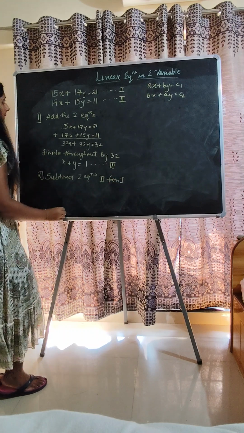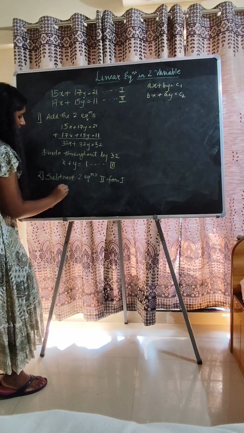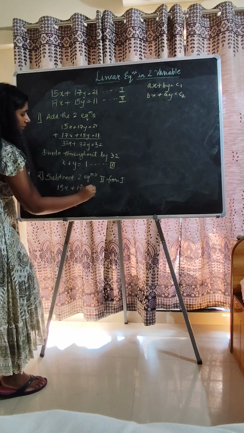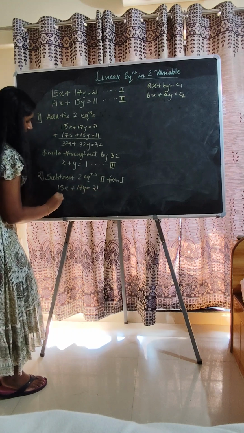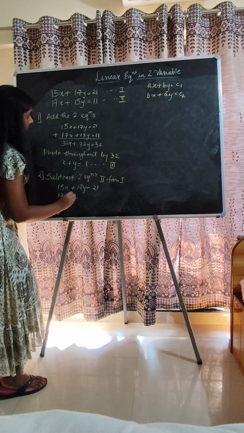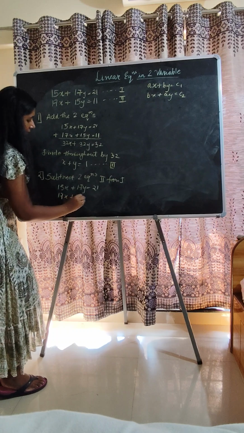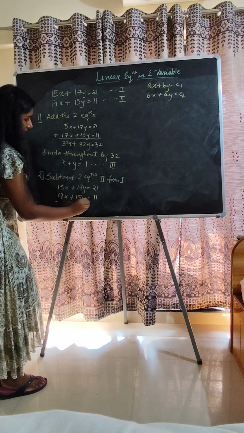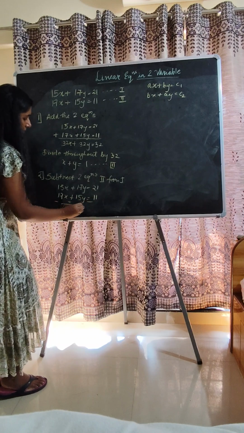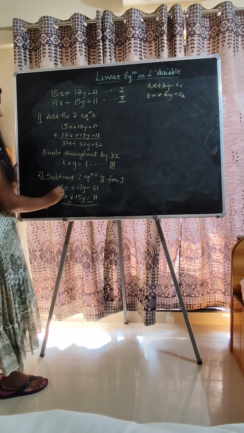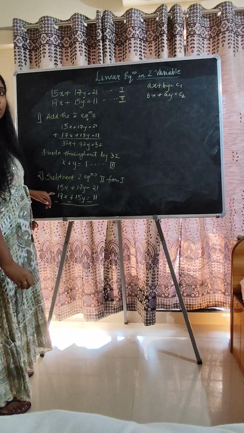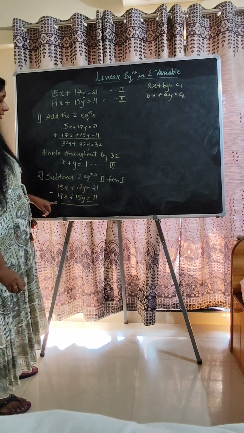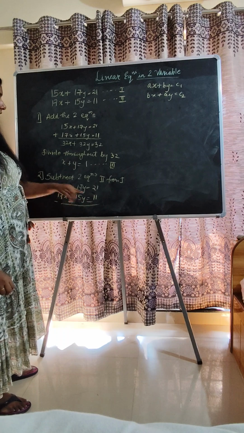So 15x plus 17y is 21, 17x plus 15y is 11, and when you have subtraction, the way to do it is the top equation will remain as it is, and the signs of the below equation will change.